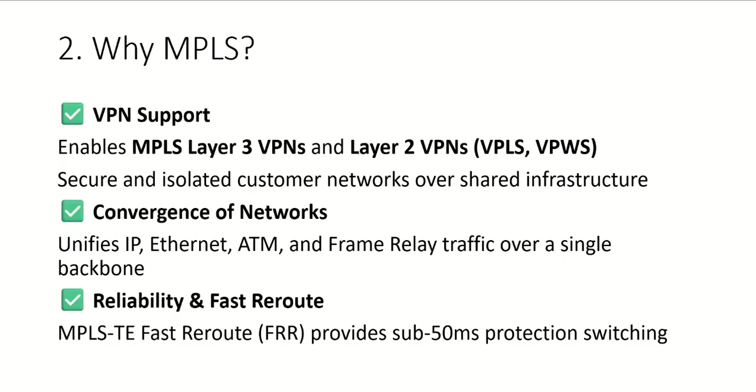When you have MPLS, with that same MPLS you can have what? Layer 3 VPN, Layer 2 VPN. This Layer 2 VPN is what we call VPLS or VPWS, Virtual Private LAN Service and Virtual Private Wire Service.